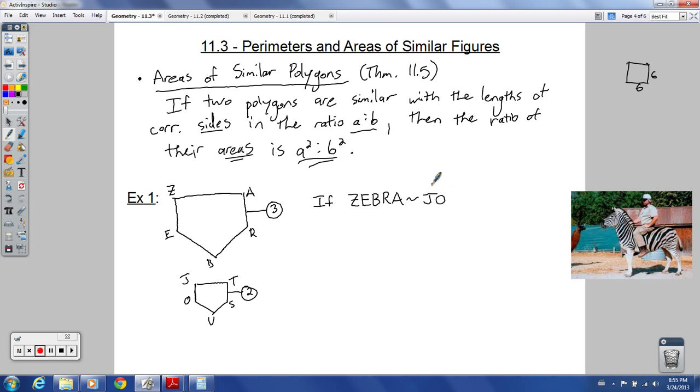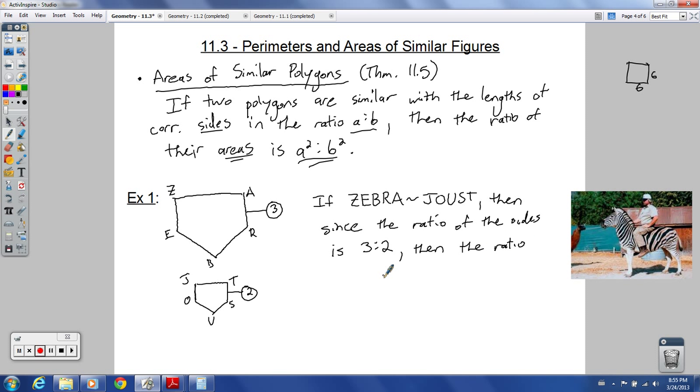If zebra, remember that from a while back, that just means is similar to, joust, then since the ratio of the sides is, it looks like in this case it's 3 to 2, and the ratio of the areas is going to be 3 squared to 2 squared, which is the same thing as 9 to 4.